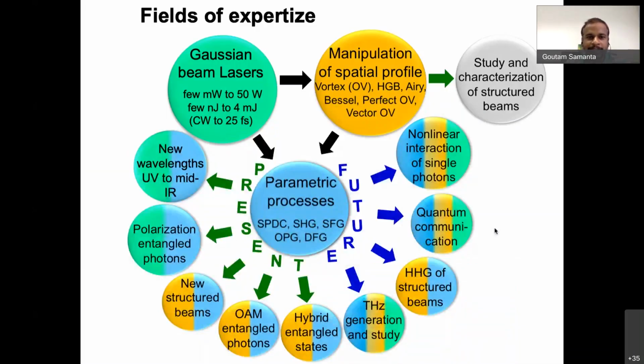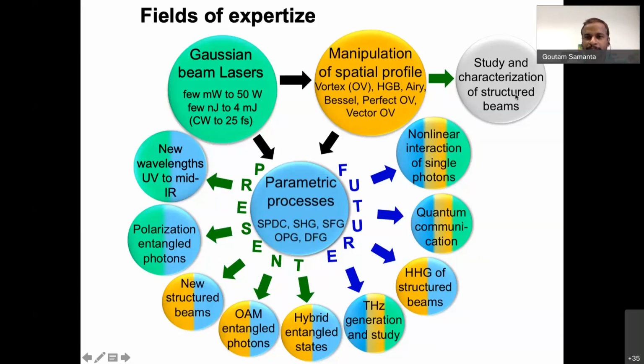These are the expertise research fields that we deal with. We take a Gaussian beam of various characteristics, from milliwatt power to 4 millijoule laser pulses, and then we manipulate the spatial structure of the beams. If you manipulate that spatial structure, it adds different new features, which I'll explain throughout my presentation.